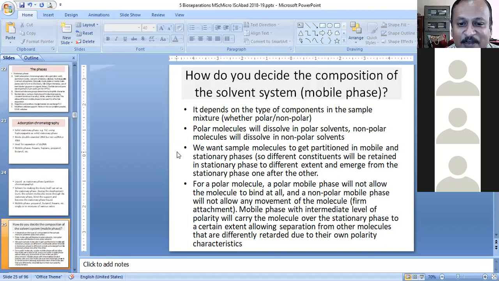Did you know the exam date? According to the recent news which we saw in the paper, of course I don't believe that is the final information from the university, but as per the news, the exam of part 1 MSc most probably will be in the first week of April. Are you prepared for that?